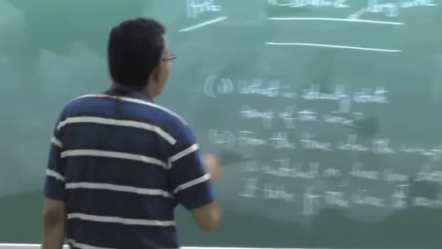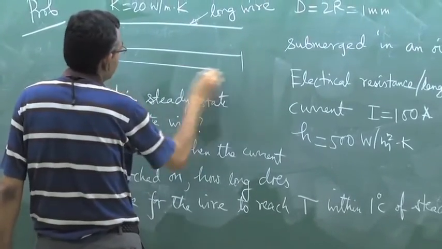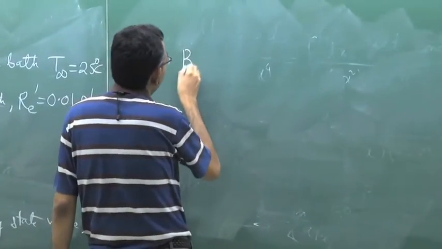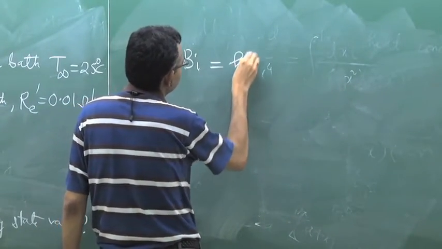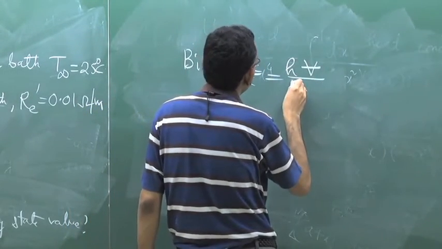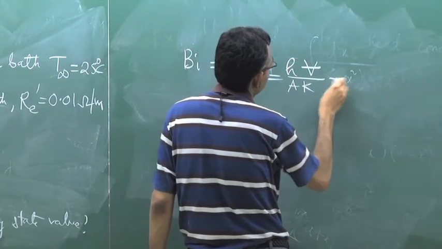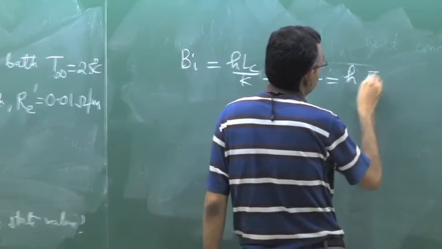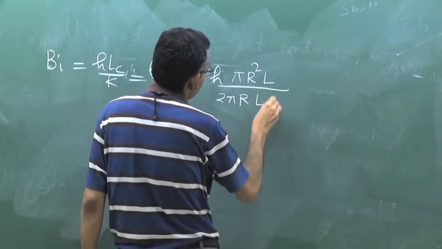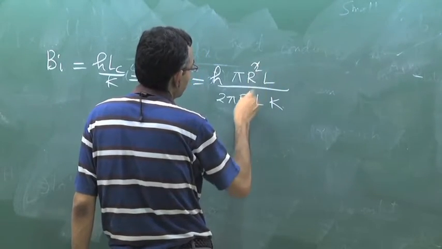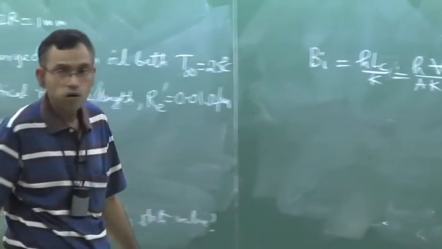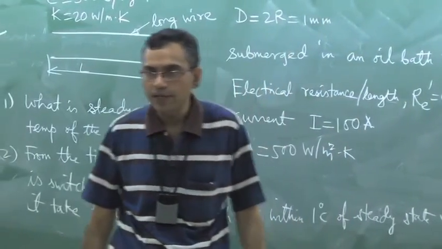Let us say that the length of the wire is L. So, the Biot number is hR by 2k.